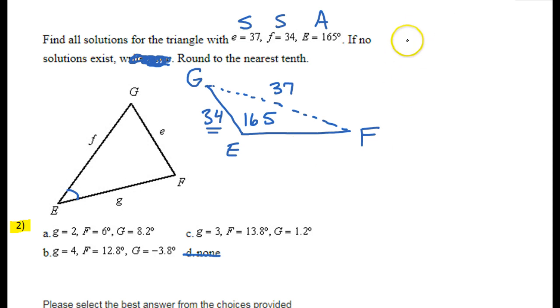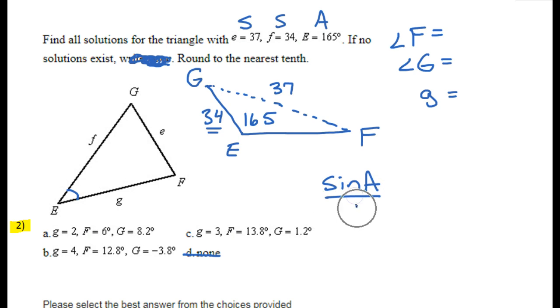Here are the things that we need to find: angle F, angle G, and side G. We're going to use the law of sines. The law of sines says that the sine of angle A over side A is equal to the sine of angle B over side B, and so on.